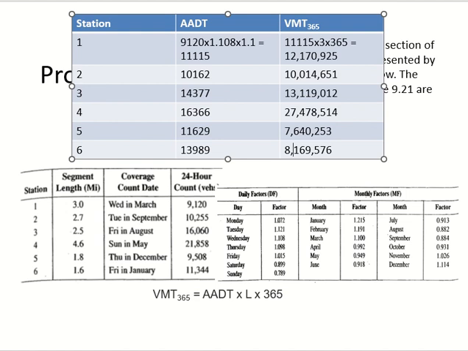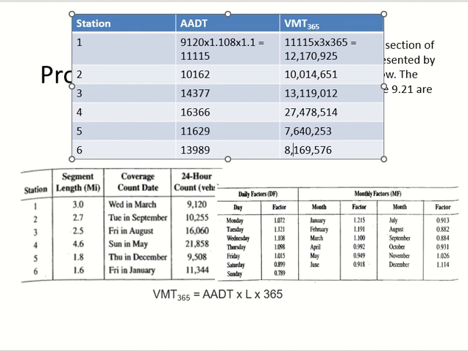Now, which section has the highest VMT? Section number 4. So it means what? Section number 4 has more than others. Why do we calculate VMT?